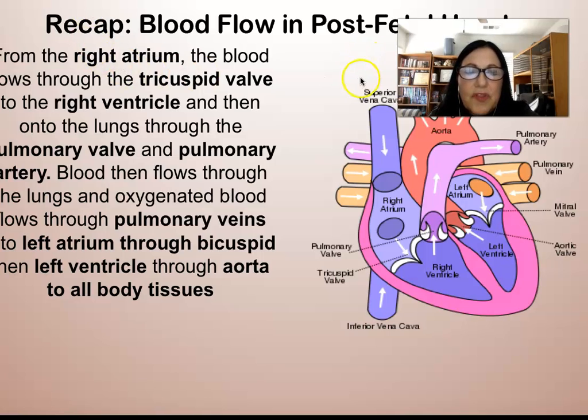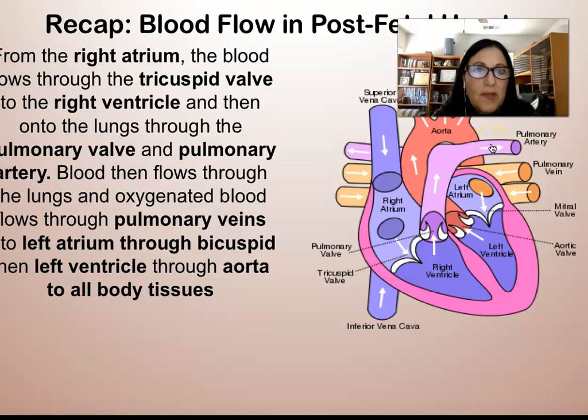So we're going to start with bringing deoxygenated blood back to the heart through our vena cavas. We have the superior and the inferior vena cava here, and both of these veins bring deoxygenated blood back to the right atrium, and that flows through the tricuspid valve to the right ventricle, up to the pulmonary trunk, and then to the right and left pulmonary arteries.